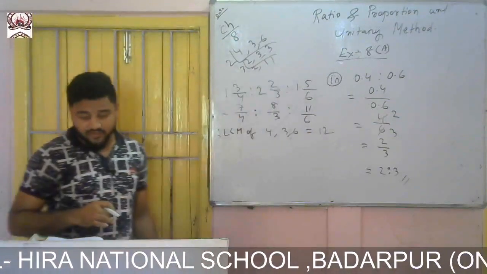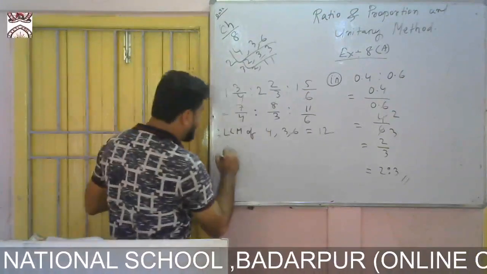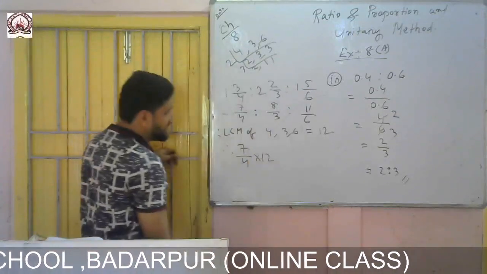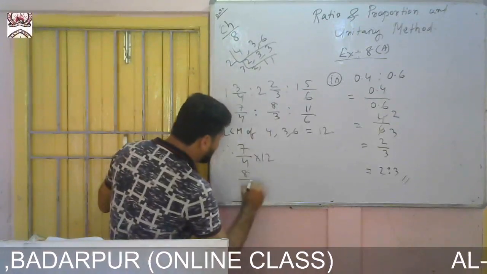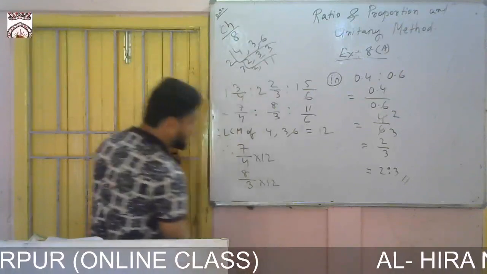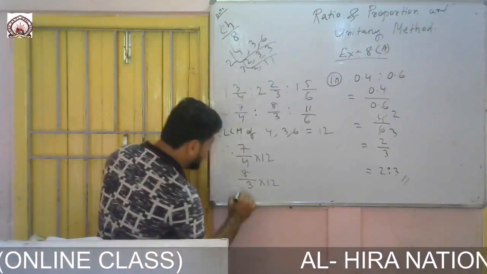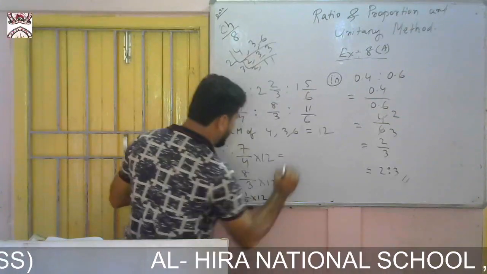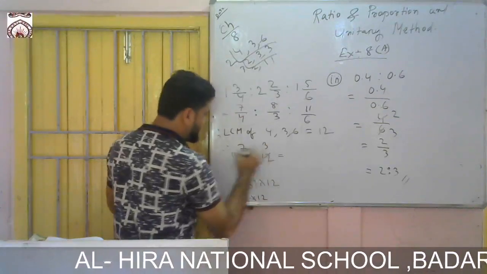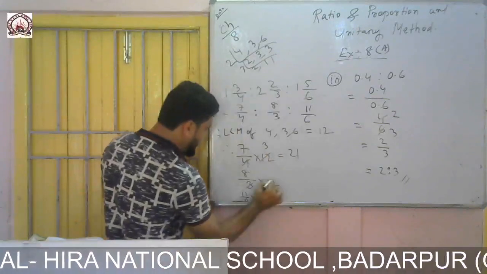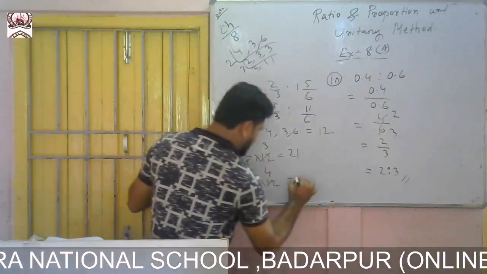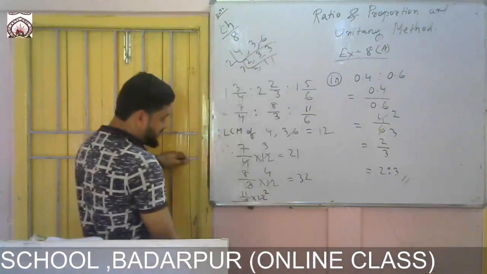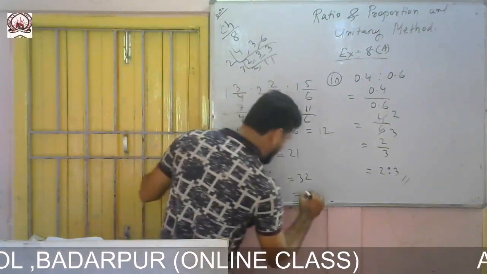Now we can write, therefore 7 by 4 into 12, then 8 by 3 into 12, then 11 by 6 into 12. What we get: 7 3s are 21, 8 4s are 32, and 11 2s are 22.